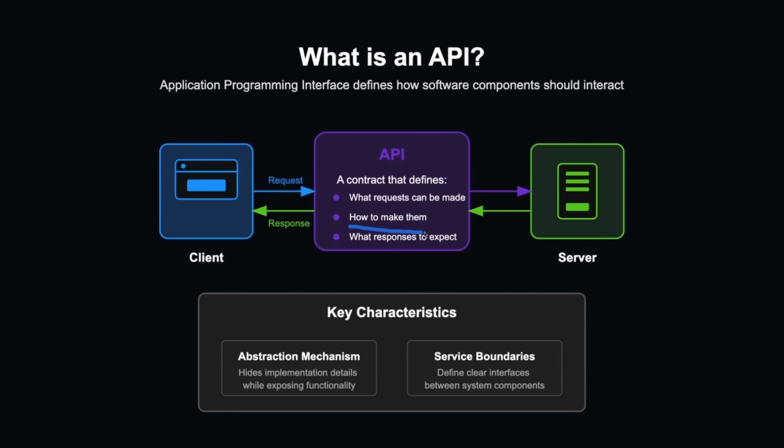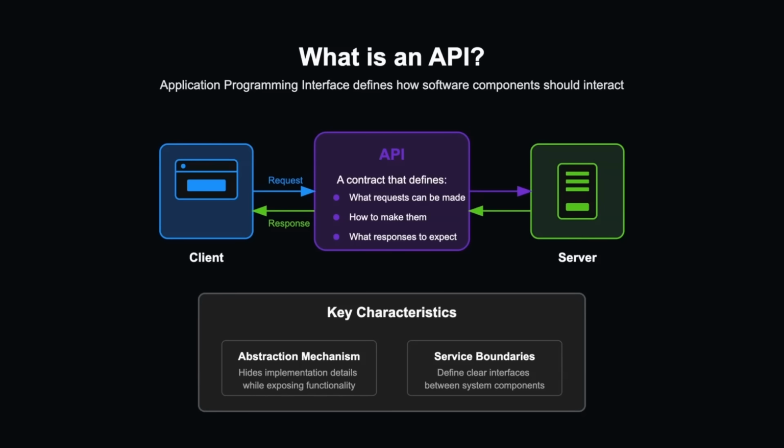So it provides us with an interface on how to make these requests, meaning what endpoints we have, what methods we can use, and so on. Also, what responses we can expect from this server for a specific endpoint. So first of all, it is an abstraction mechanism because it hides the implementation details while exposing the functionality.